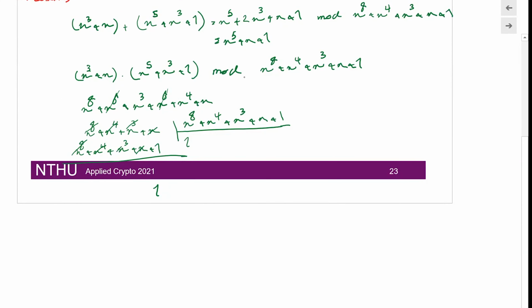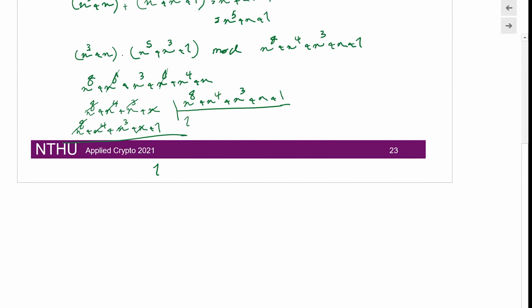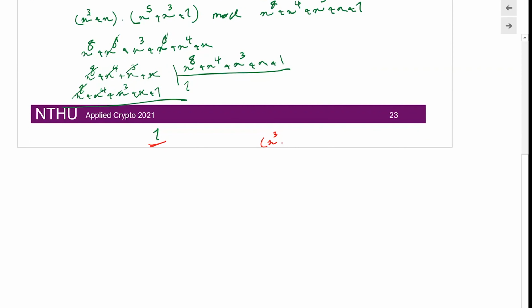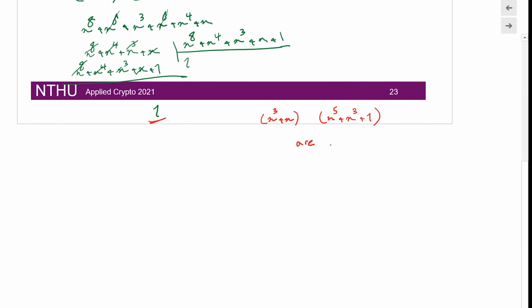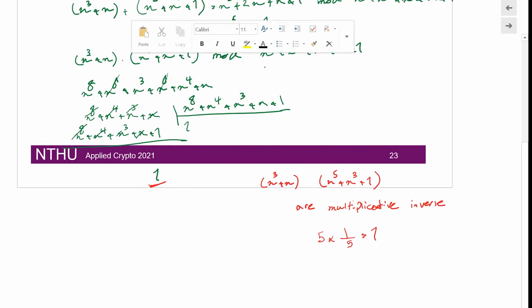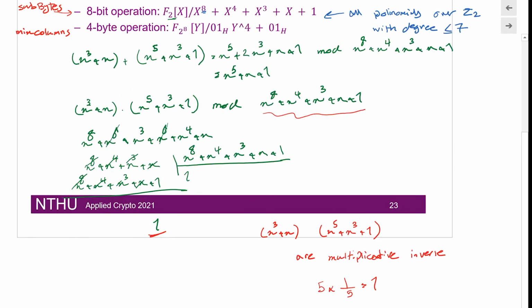The same thing happened over here when I multiply these two polynomials, I get the remainder of 1, which means that x3 plus x and x5 plus x3 plus 1 are multiplicative inverses, right? Just like, remember 5 times 1 over 5, I get 1. So the same thing applies. Of course, when we are doing this computation modulo this polynomial.